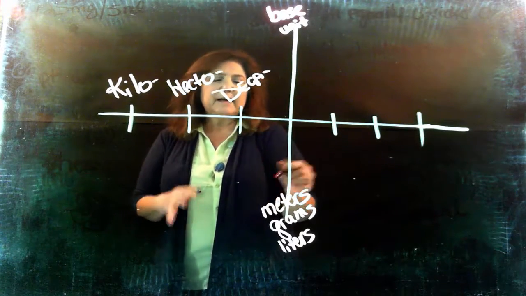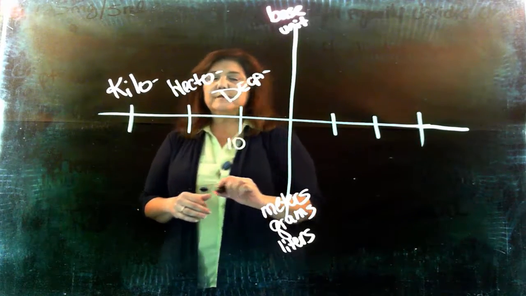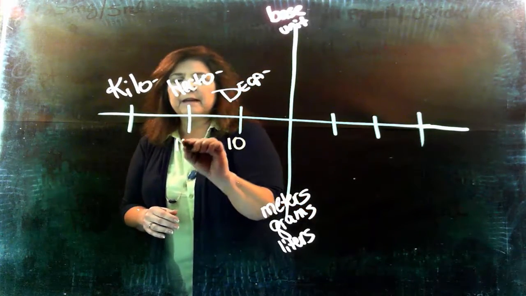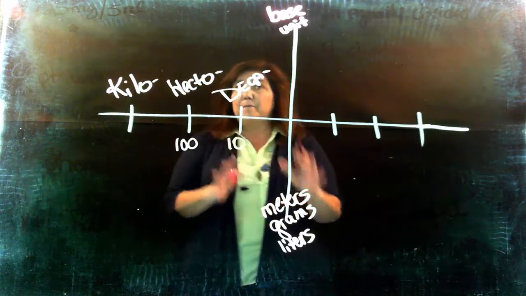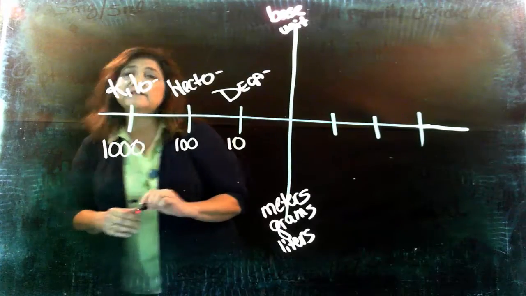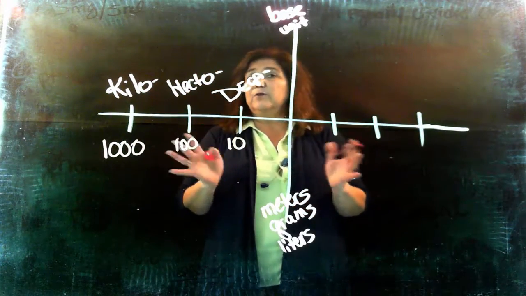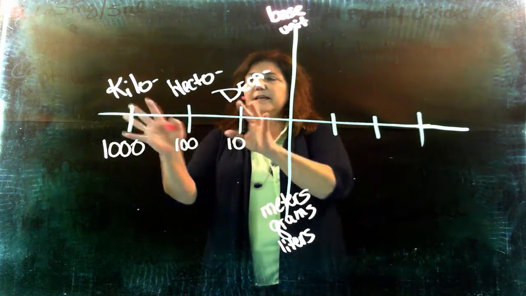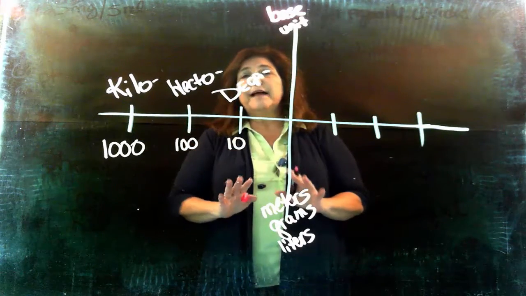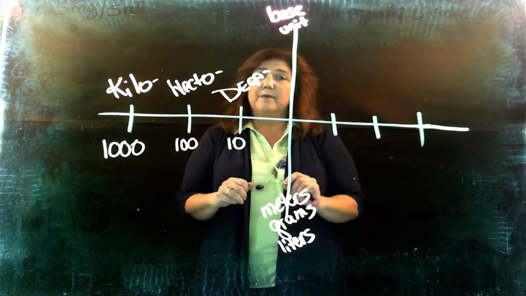If I have a decameter, that means I have 10 meters. If I have a hecto, that means I have 100 of whatever my base unit is. And kilo means 1,000.